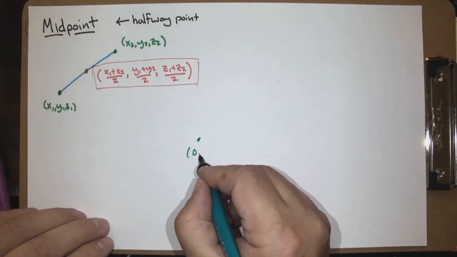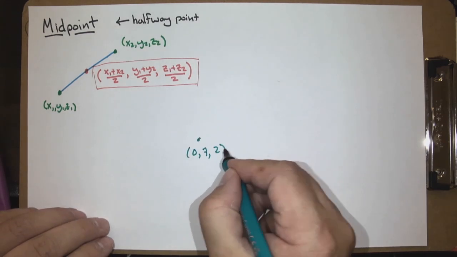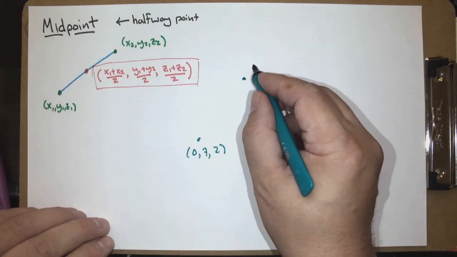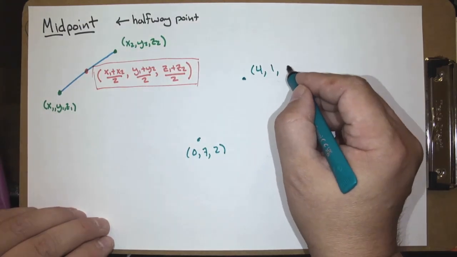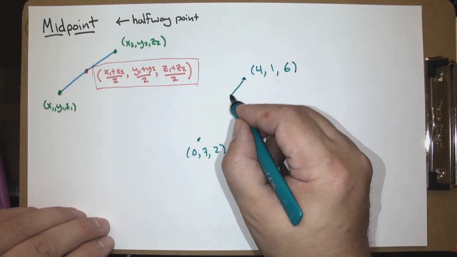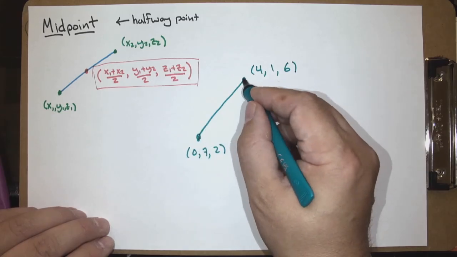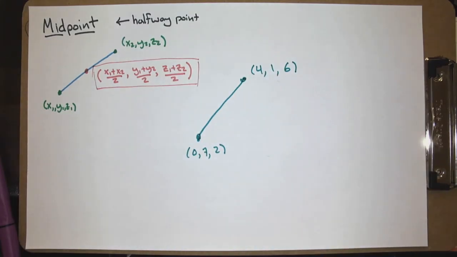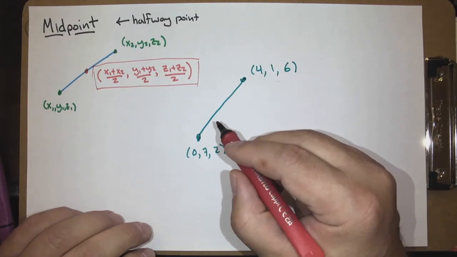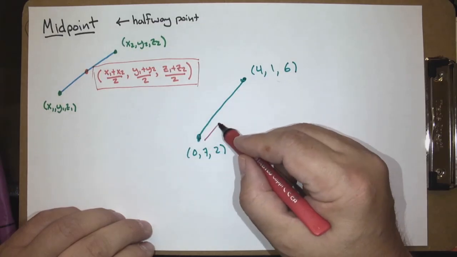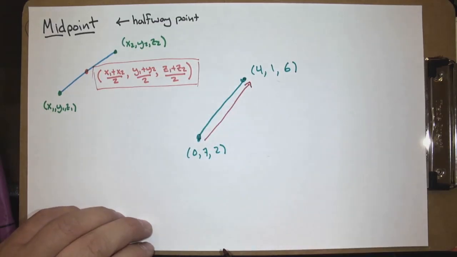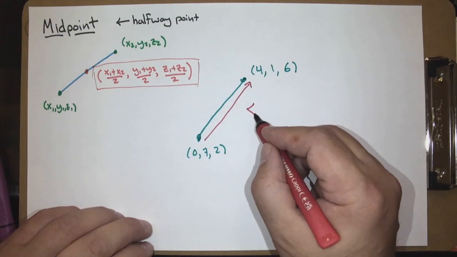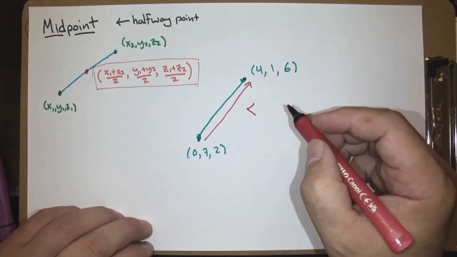Let's suppose we have 0, 7, 2. Over here you have 4, 1, and 6. What you can say is, well, let's find a vector. What's the vector that goes from 0, 7, 2 to 4, 1, 6? You should be able to read that off.